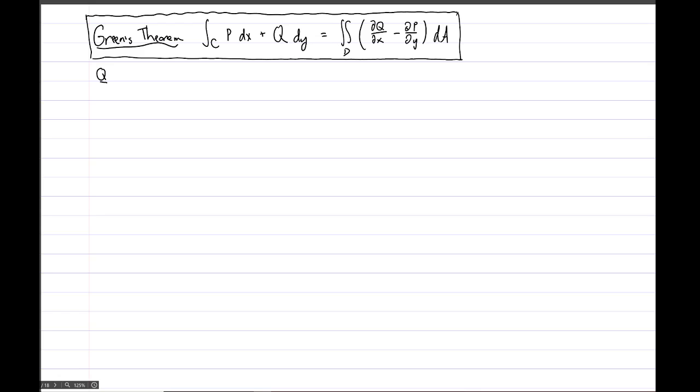All right, so let's use Green's theorem to find the integral over C of xy dx, where capital C is the following shape.